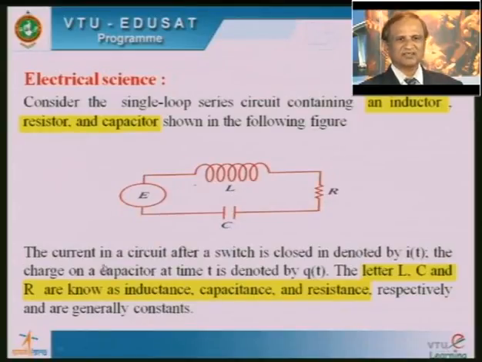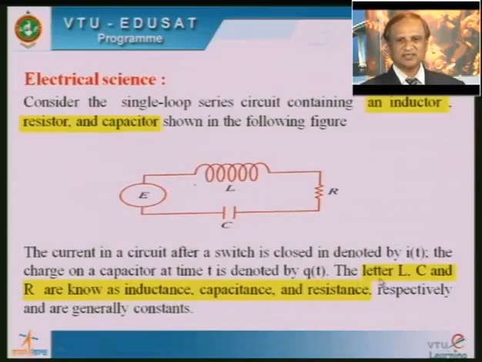Is it clear? The current in a circuit after a switch is closed: we can close the switch, and current will pass through the circuit, and it is denoted by I of t. The charge on a capacitor at time t is denoted by Q of t.